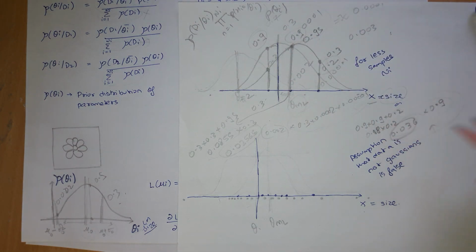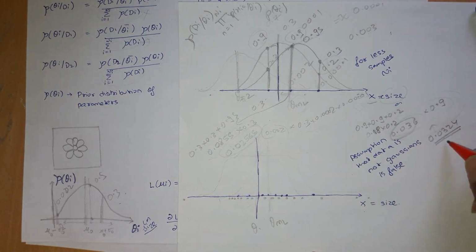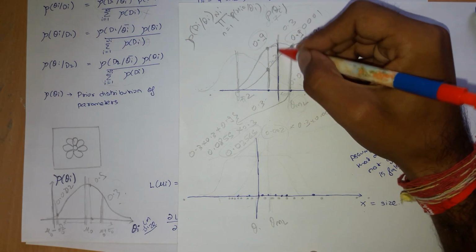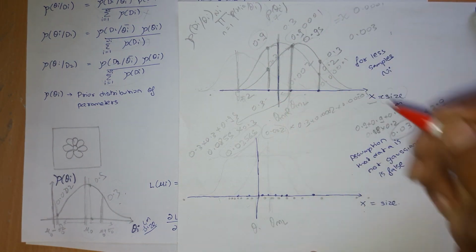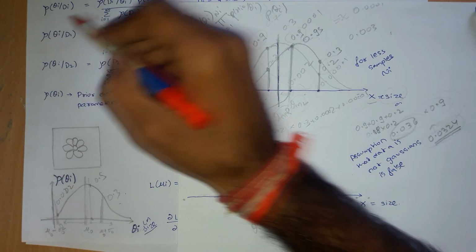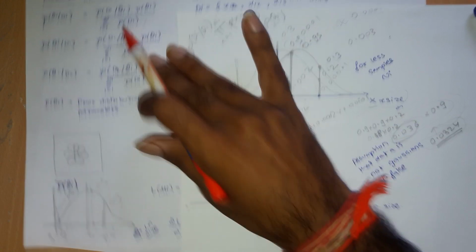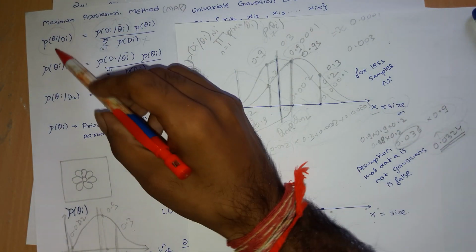So this 0.036 into 0.9 is still giving you 0.0324, which is higher than 0.02565, and hence I will say that this is the mean that I want. So this will be theta MAP. Why is this? Because instead of maximizing the likelihood, I am going to maximize the posteriori.